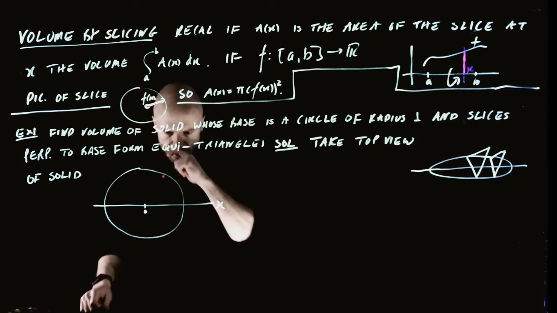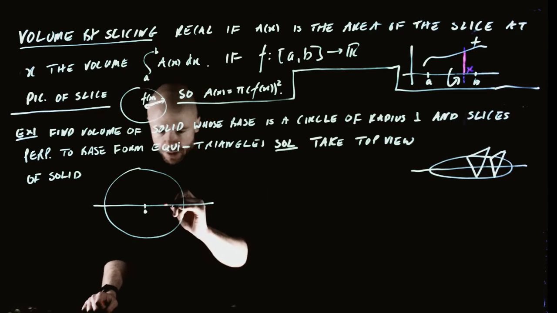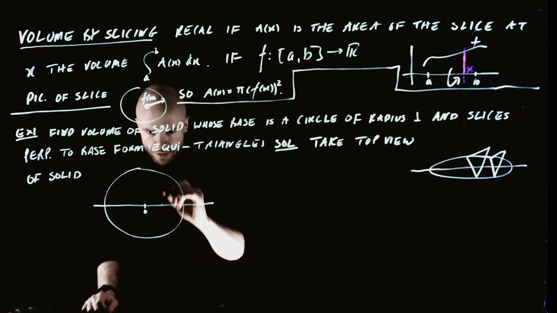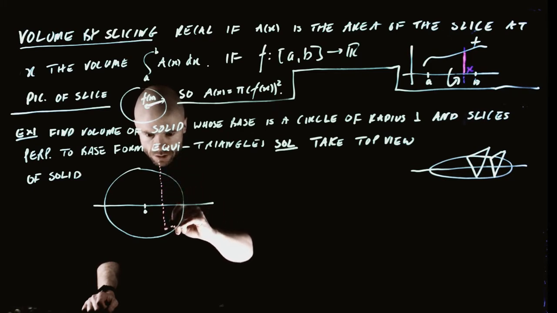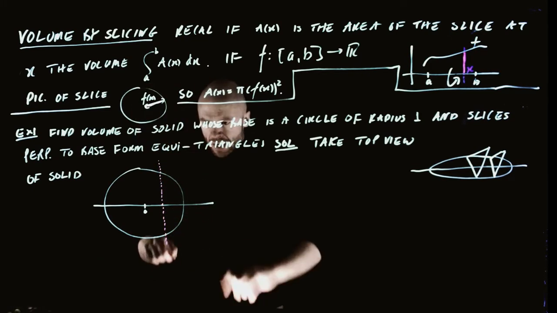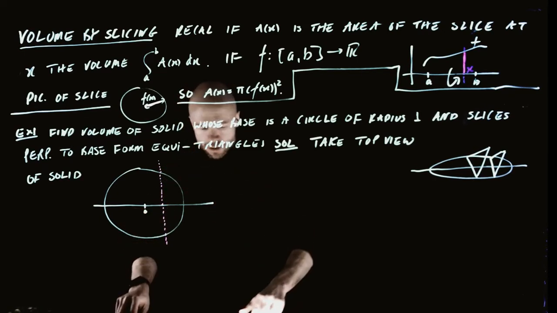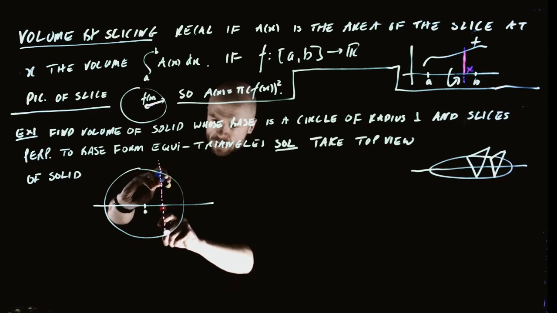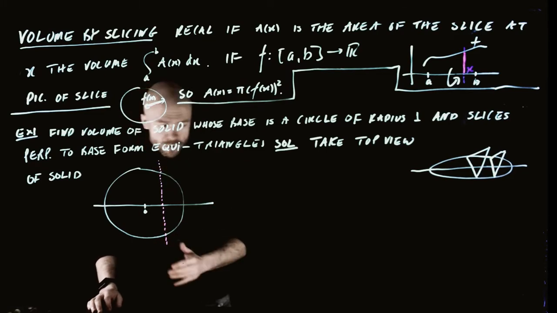And then for whatever, let's rub off this x. For whatever x we have, say we have an x here, we're taking a slice down like this. And try and imagine this equilateral triangle lifting off the whiteboard like this. Like this. Okay?